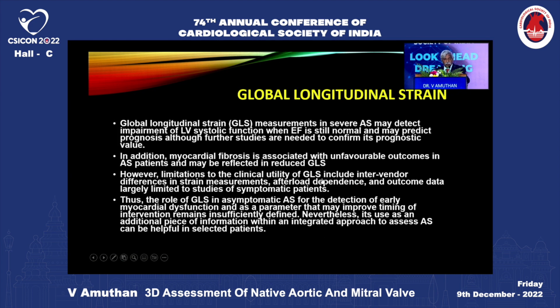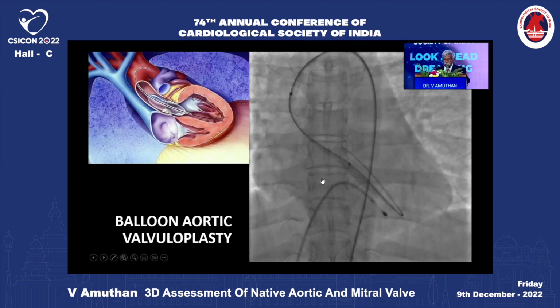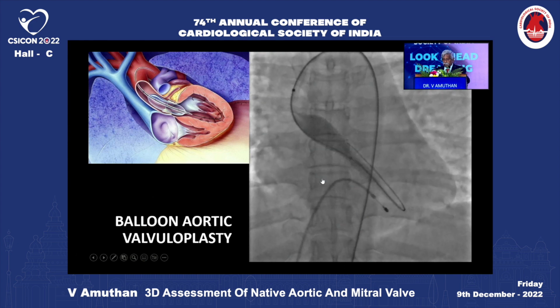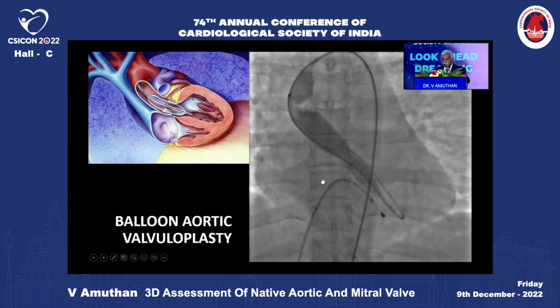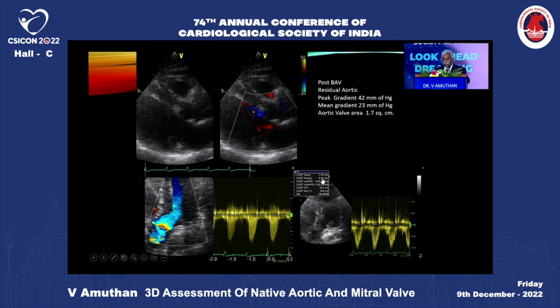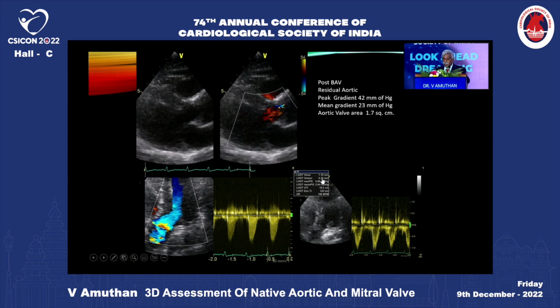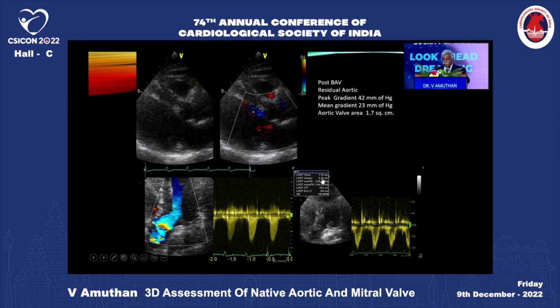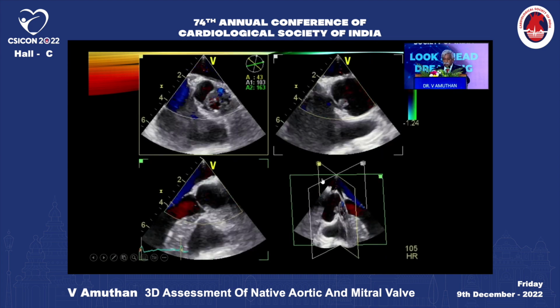We had an elaborate discussion on ejection fraction calculation and utility of the global longitudinal strain GLS in addition to this. This patient, bicuspid aortic valve with severe AS, underwent the balloon aortic valvuloplasty, and this is the post balloon aortic valvuloplasty result. Residual gradient was reduced to 42, mean gradient 23.